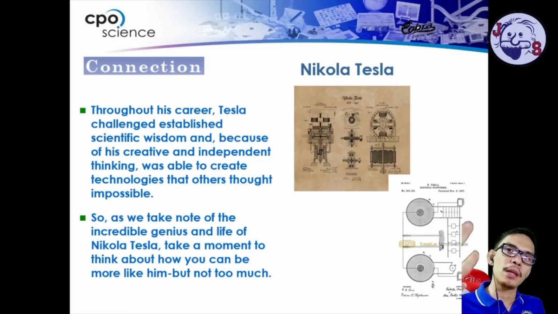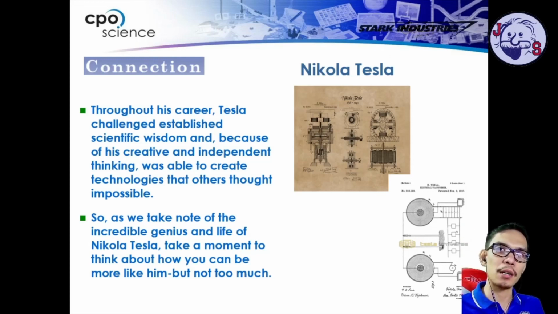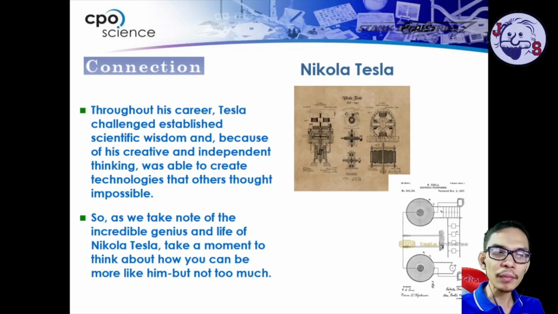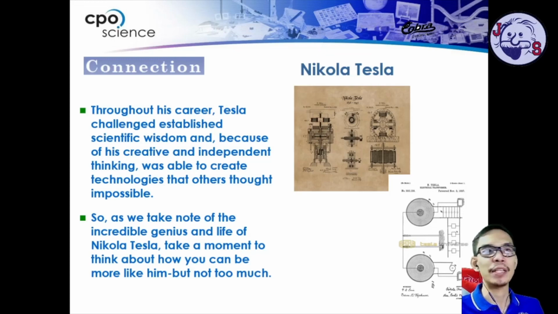So the moral lesson of this topic is more about compassion, because Nikola Tesla lived a life full of compassion. He died broke, and he had a mental breakdown at the end of his journey.